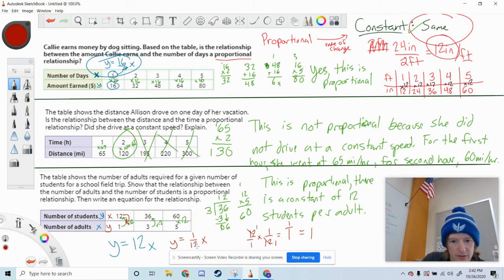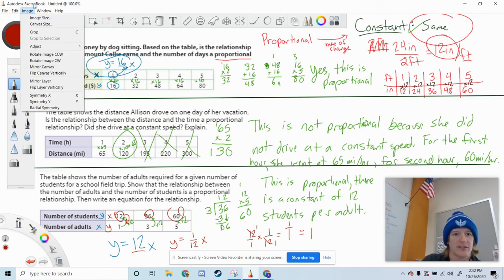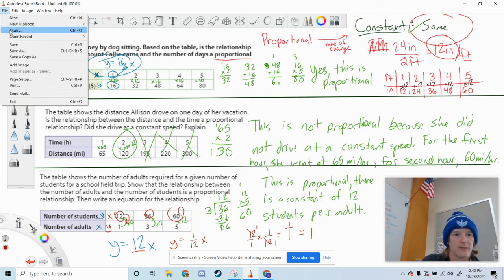So y would equal 1/12 x. But if you just make the larger number your y, then it's just the constant that you multiplied by. That's usually the trick. We do have one on our page 126 that we're going to have a fraction like this. But I'll discuss that a little more when we get to it.